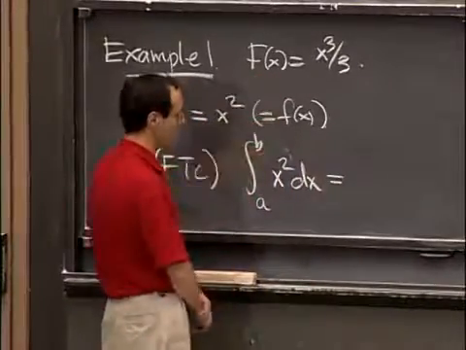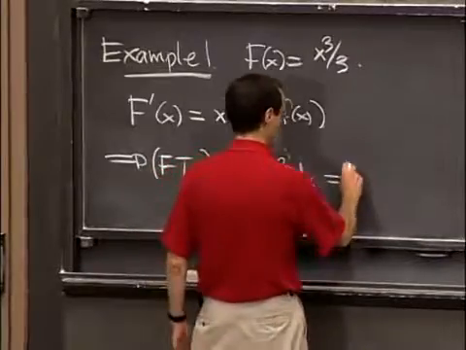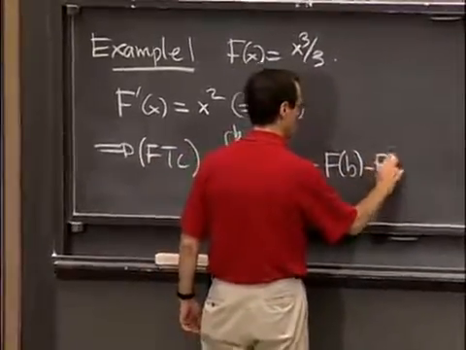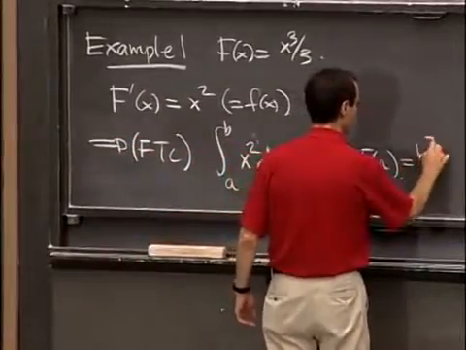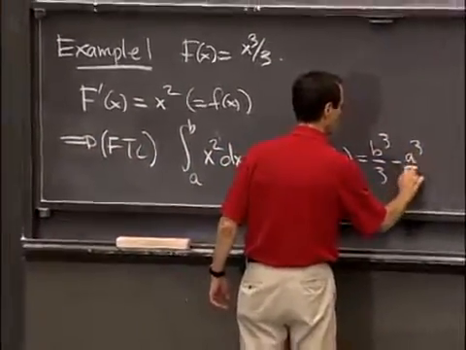So that's b cubed over 3 minus a cubed over 3.